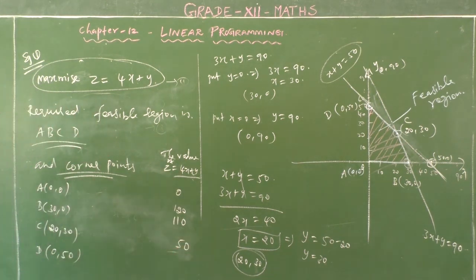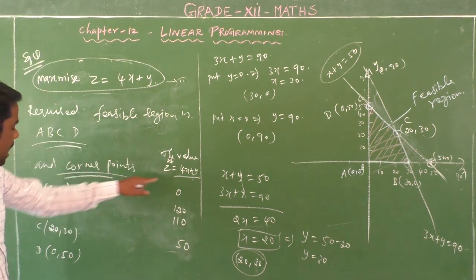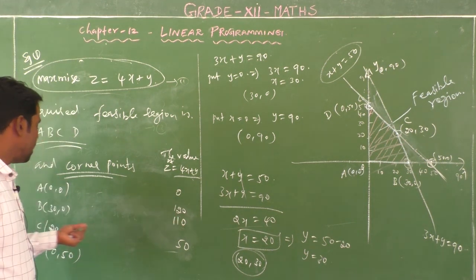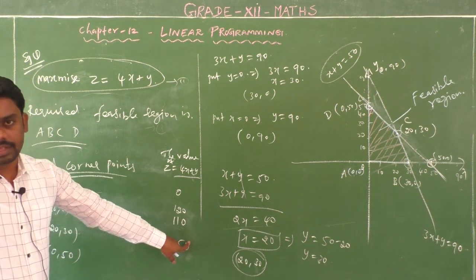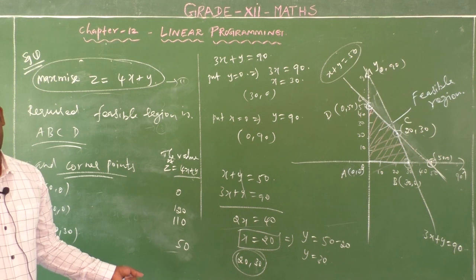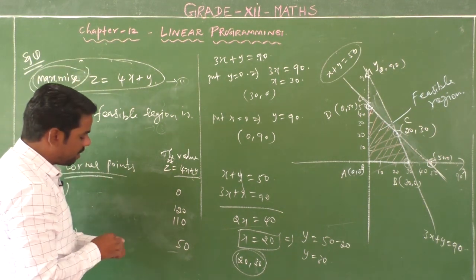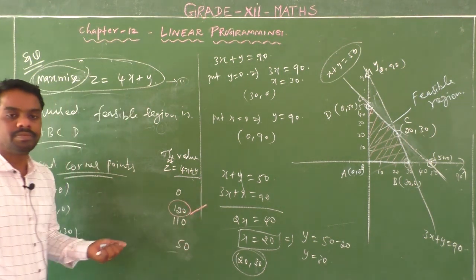Listen, the value of z at corner point A is 0, at corner point B, 30 comma 0, is 120, at corner point 20 comma 30 is 110, and at corner point 0 comma 50 is 50. The required answer is the maximum, so 120 is the maximum.